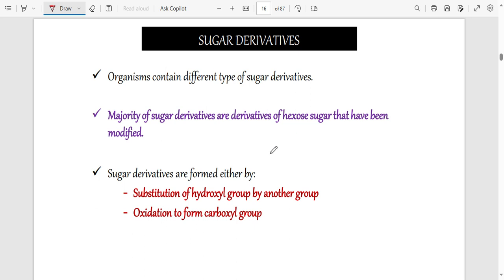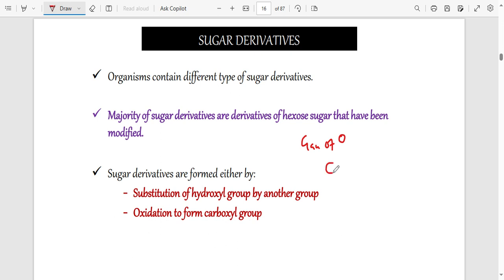Now, some interesting things. These monosaccharides that we have talked about can have derivatives. In other words, you can remove an OH and substitute it with another group, or you can oxidize the OH, or you can reduce the OH. By definition, what is oxidation? Oxidation is the gain of oxygen.